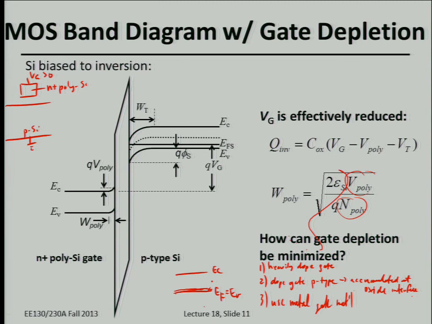So why don't people use p-type gate for an NMOS capacitor or an NMOS transistor? What would be the reason why we don't do that? Well, it's a very simple reason. It has something to do with threshold voltage.